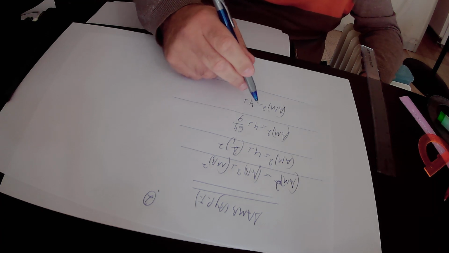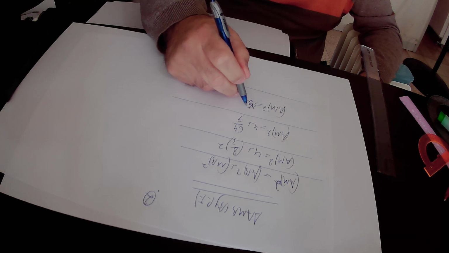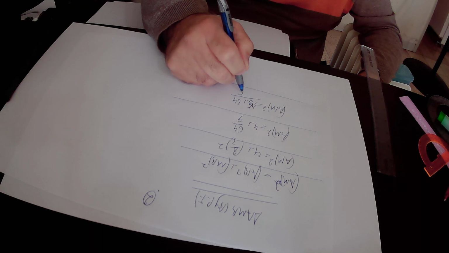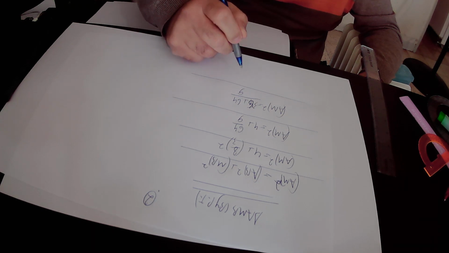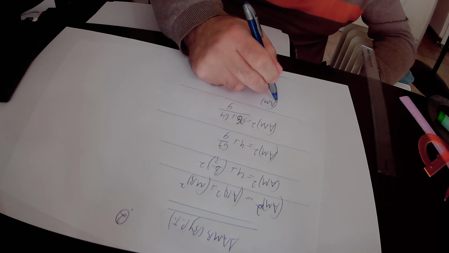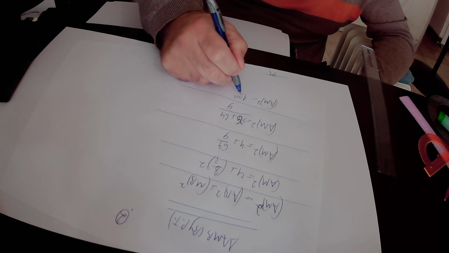So 4 times 9 is 36. 36 plus 64 over 9. So we found that AM squared equals 36 plus 64, which is 100, over 9.